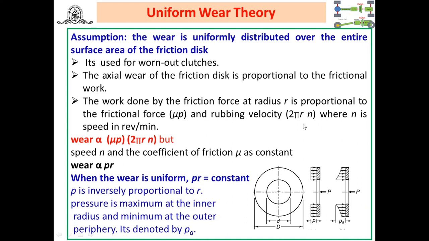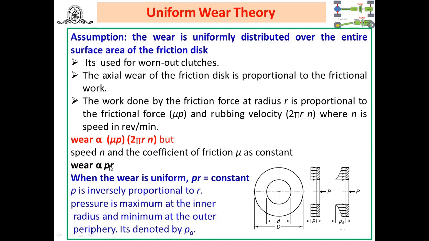Based on these two, wear is directly proportional to mu p, the frictional force, and the rubbing velocity 2 pi r n. But here the speed n and the coefficient of friction mu remain constant, and 2 pi is also constant. What remains is p and r. Therefore, wear is directly proportional to pr.